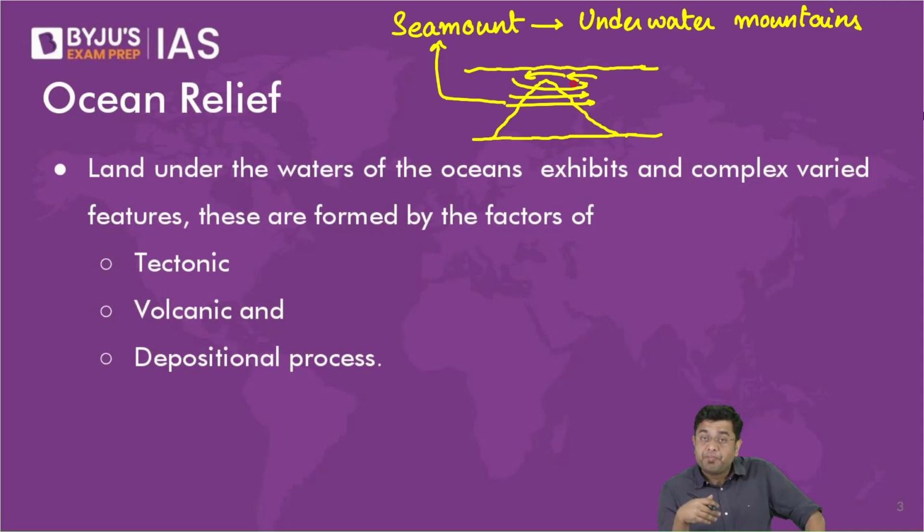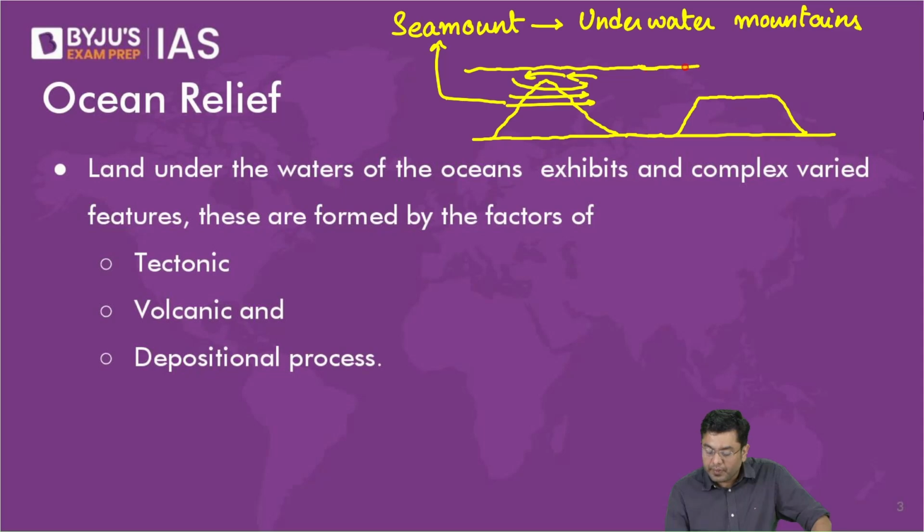Now, as it moves continuously, then what happens? It will carry out the process of weathering and erosion. And due to that particular process, many of the times, the seamount is eroded and weathered to an extent where you are left with a flat tableland like surface.